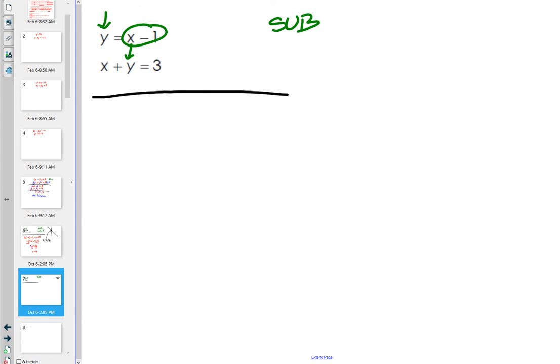I'm going to get the value of the top y and plug it in for the bottom y. So if I write the bottom equation and say x plus x minus 1 is equal to 3. All I did was I got this bottom y and I replaced it with an x minus 1. Really, since the y had nothing in front of it, I could have gotten away without the parentheses.